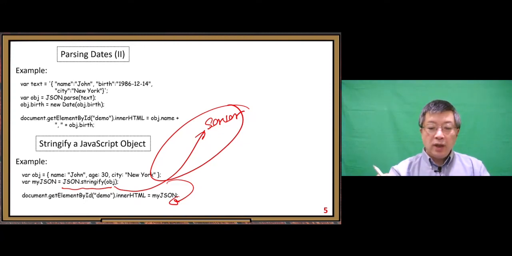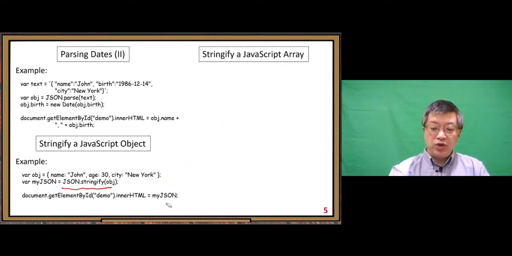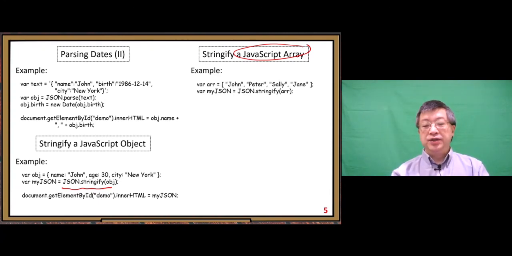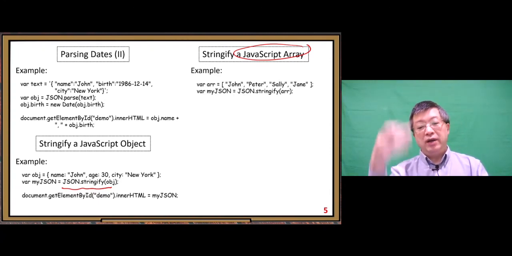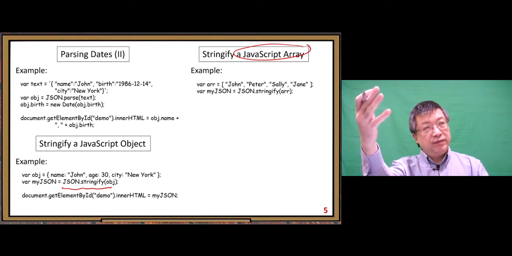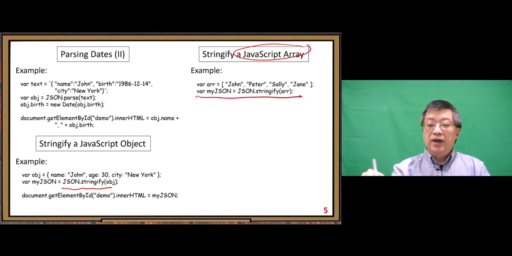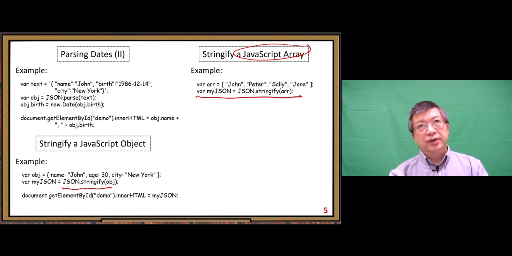Another case is that we stringify a JavaScript array. You can send array data to the server side. So you start with an array representation in your JavaScript function, then you convert it to a string representation, preserving the array structure, and then you send it to the server-side program.